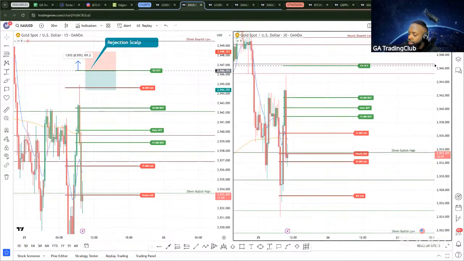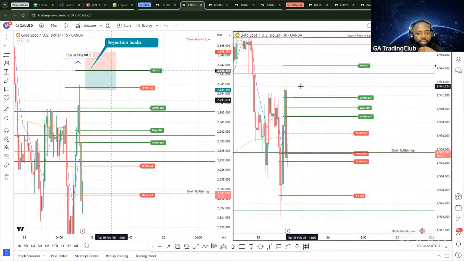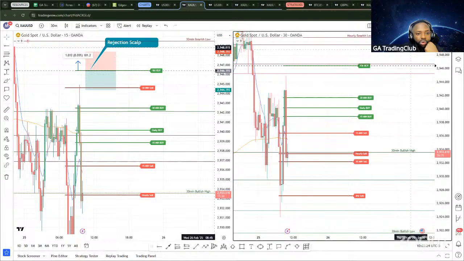For these rejection scalp entries, I would normally look to take them during market open, all the way to like 11 a.m. Eastern Standard Time, because you want to take those rejection scalps during periods of high volatility. That's the reason you want to consider taking them around those time frames.